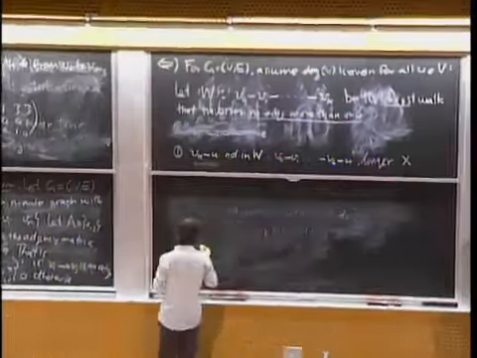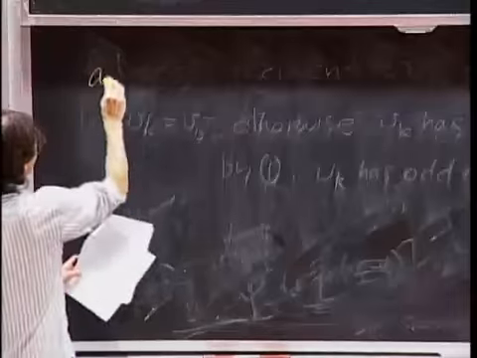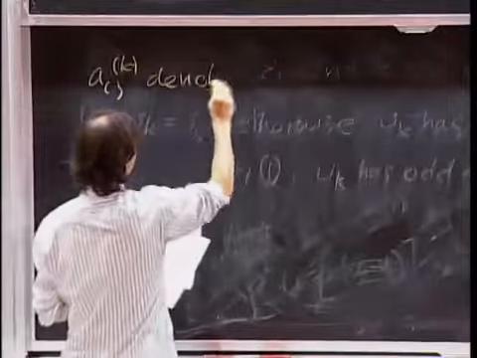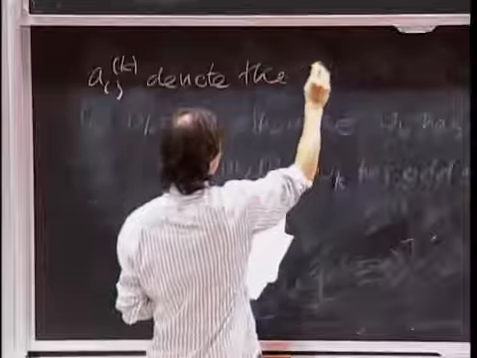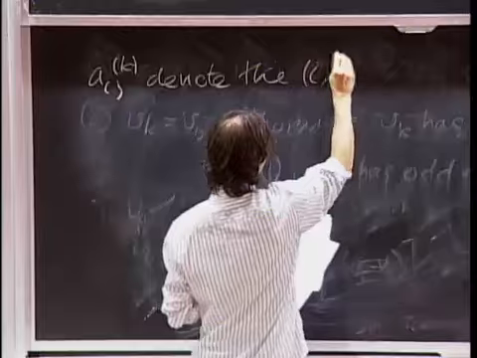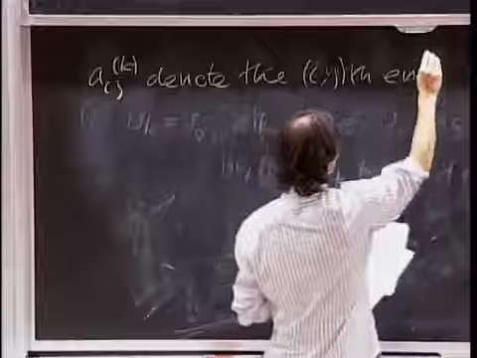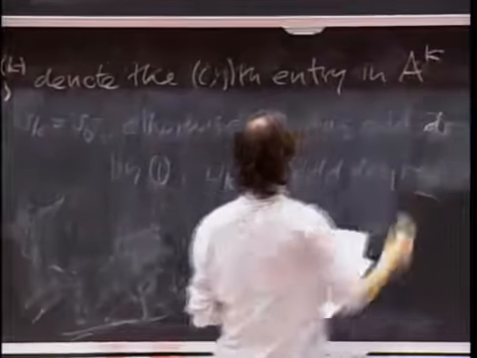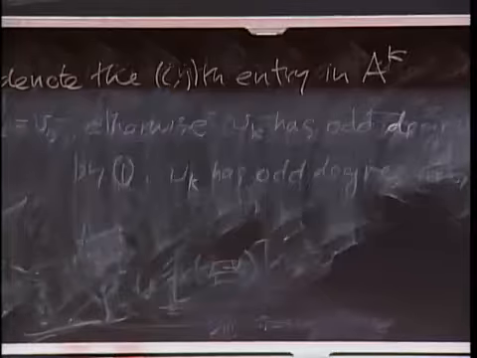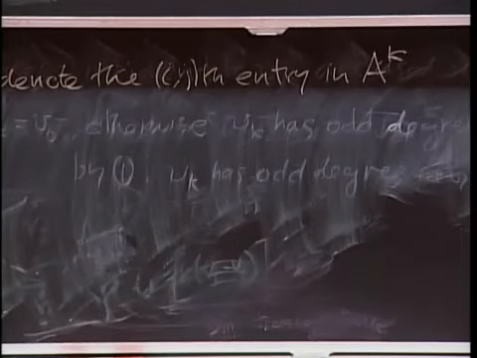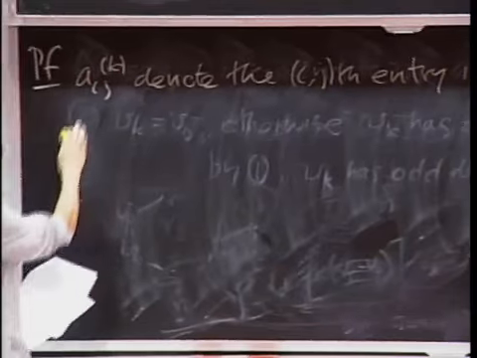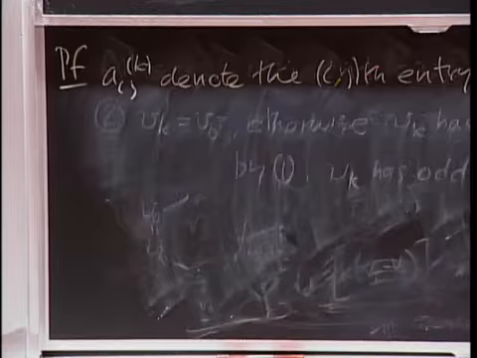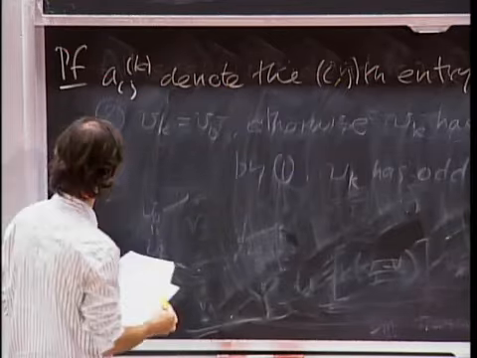Let Aij^k denote the ijth entry in A to the power k. And we want to show that this number is actually equal to the pij^k for all the entries.